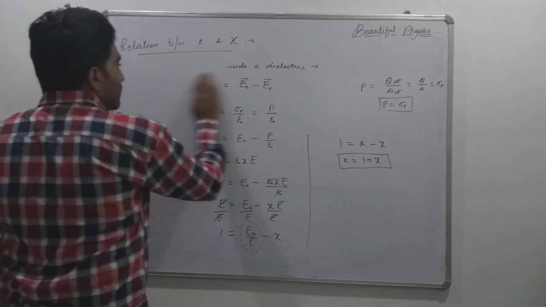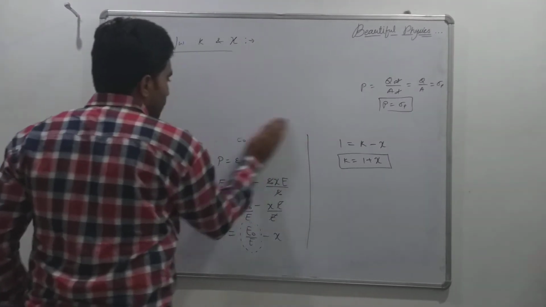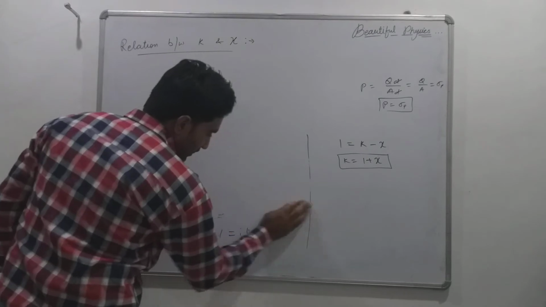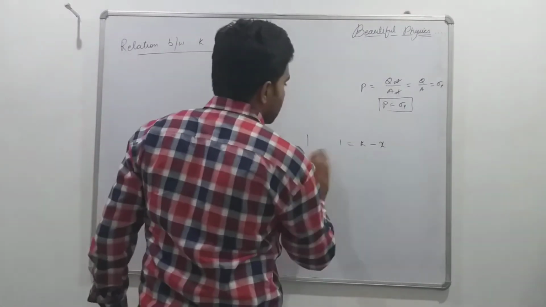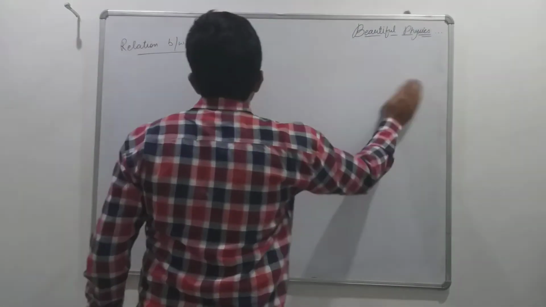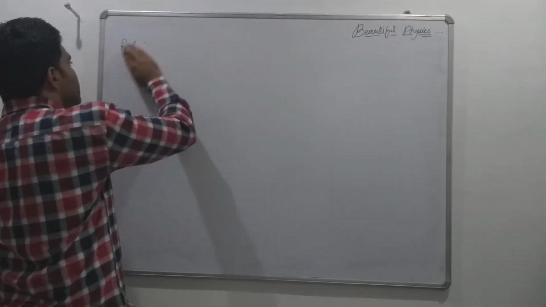Its SI unit is volt per meter. Let's discuss the definition of dielectric strength.